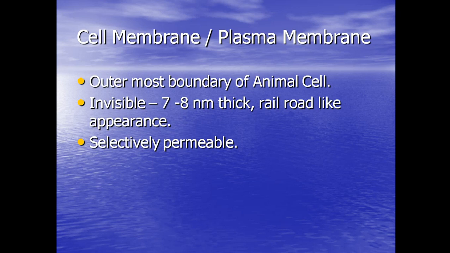Either it may be impermeable, a membrane which doesn't allow the movement of any solute molecule across it, or it is completely permeable, it can allow anything and everything to pass through it, or it can be semi-permeable, which can allow the movement of certain molecules of some specific size.